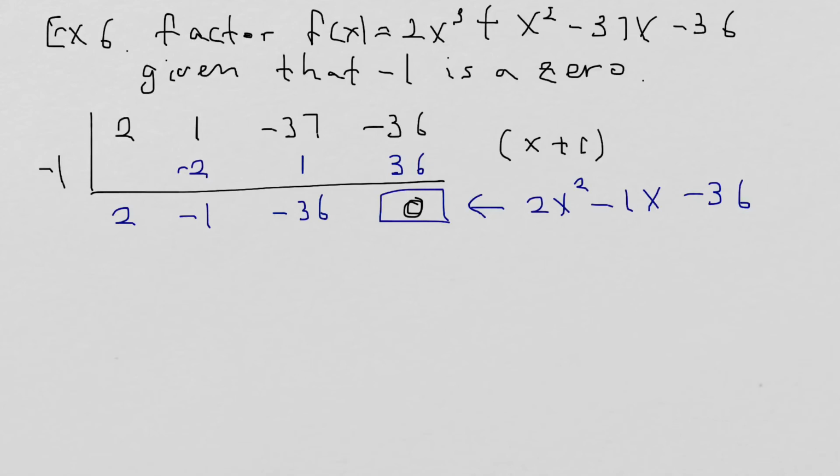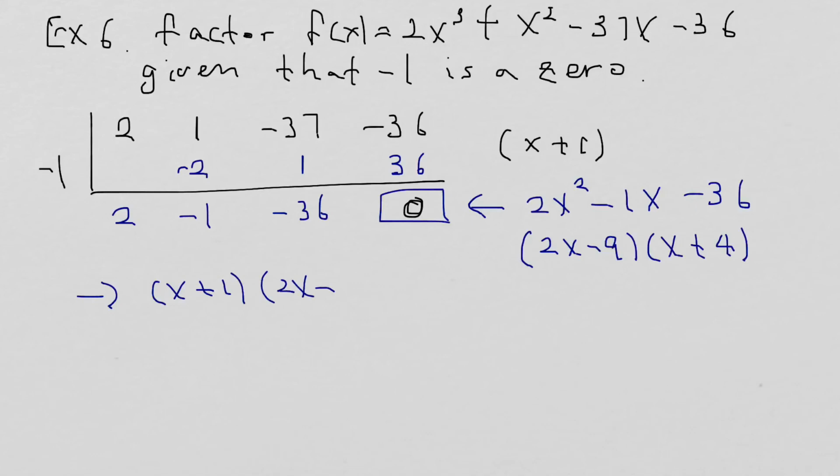And when you factor this quadratic, you get 2x minus 9 times x plus 4. So your complete factorization is x plus 1, 2x minus 9, and x plus 4.